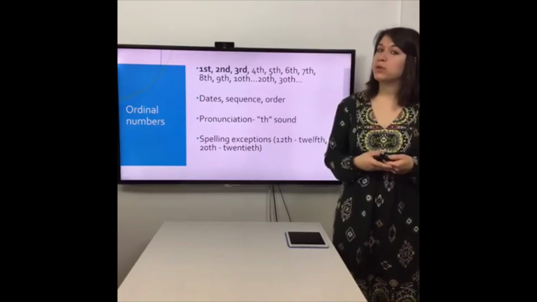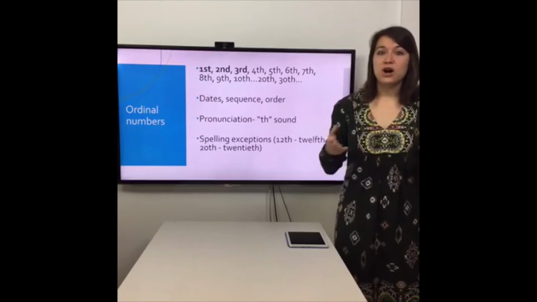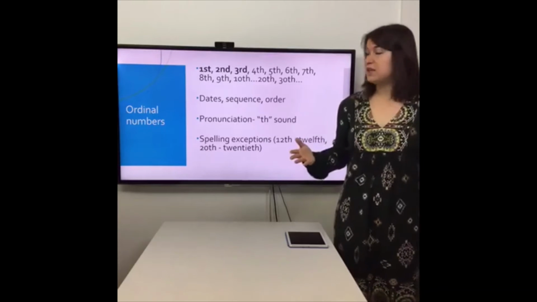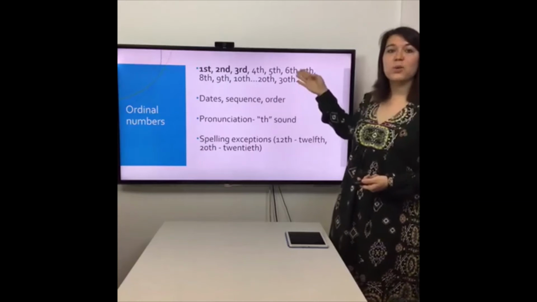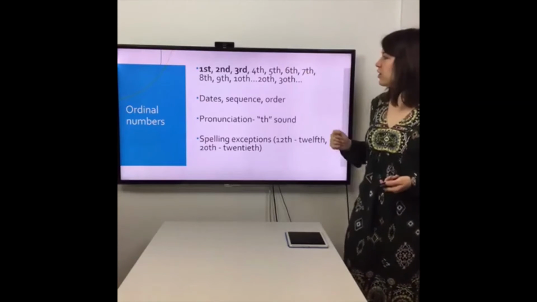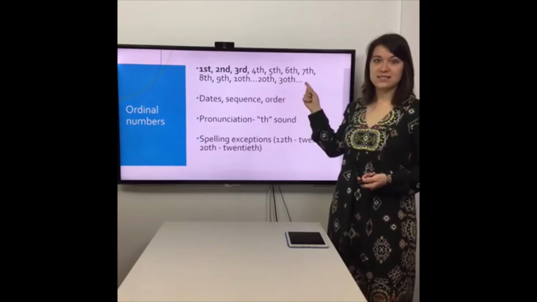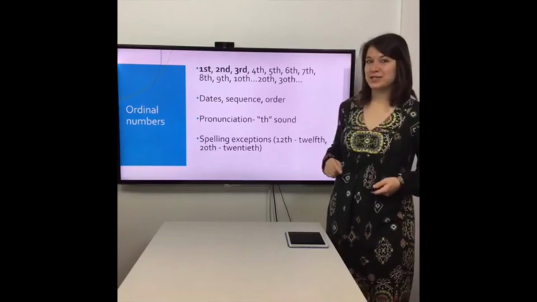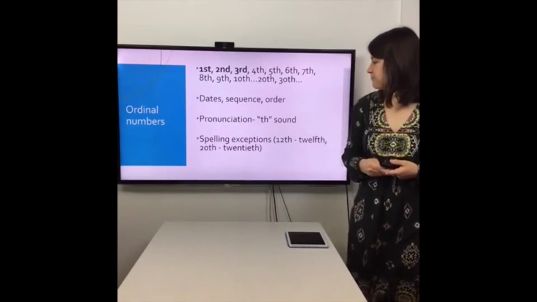And with the number 3, you add an RD: third. These are different because with the rest of the numbers, 4, 5, 6, 7, etc., you add a TH. So for example, 4th, 5th, 6th, 7th, note the TH sound. Practice saying that to yourself if you're watching, okay?